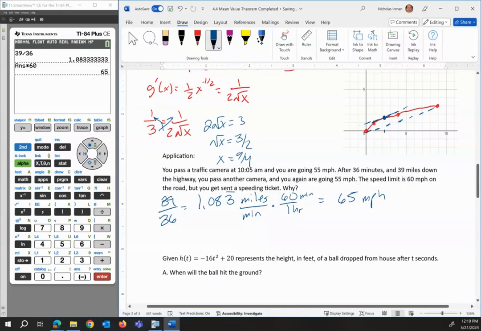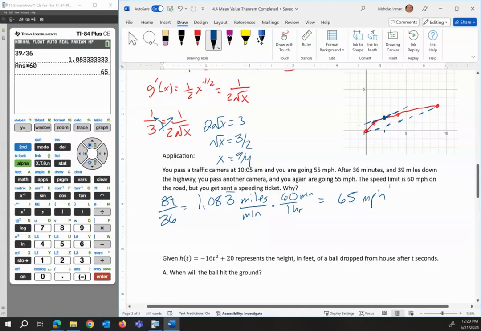If we're here at 10:05 and 36 minutes later, you've gone 39 miles, yeah, you slowed back down, but your average speed, your mean speed, was 65 miles per hour. You slowed down when you passed the cameras, but your average speed, not just at one moment in time, was 65, over the speed limit.